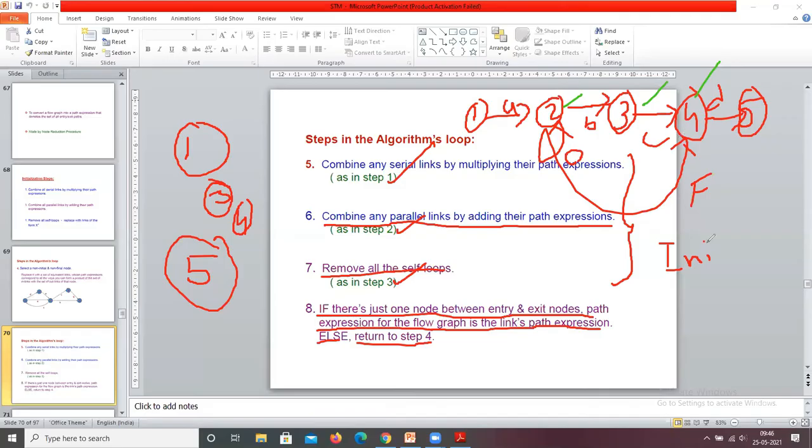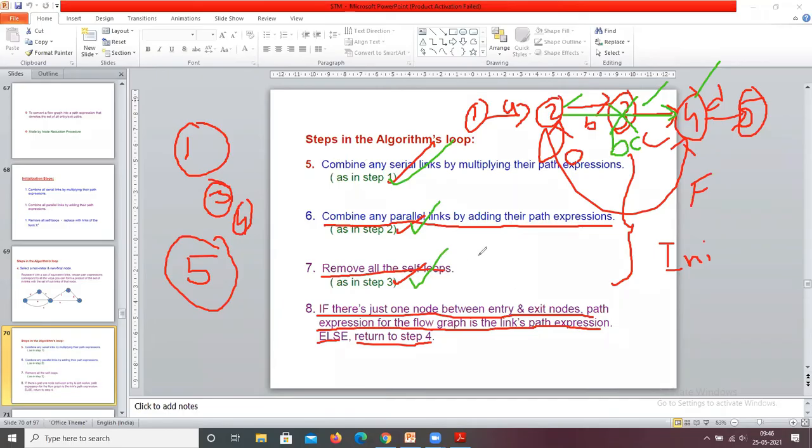After that, we remove this. For example, I select 3. Now 3 is removed and it is indicated like this, B, C. Now these are serial links. Combine all the serial links. Then combine any parallel links and remove all self loops.